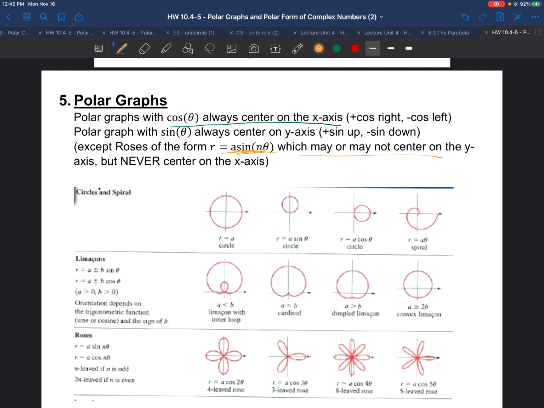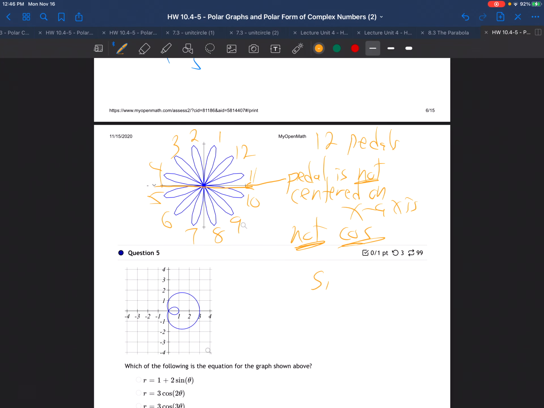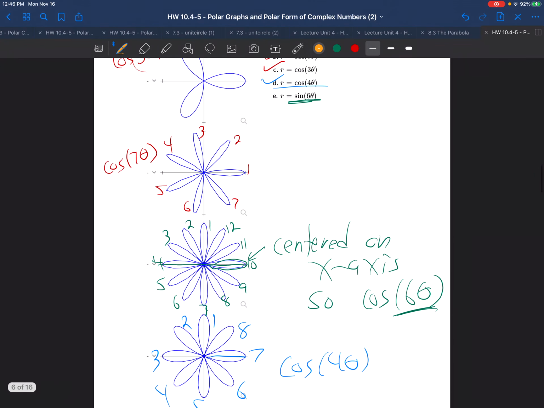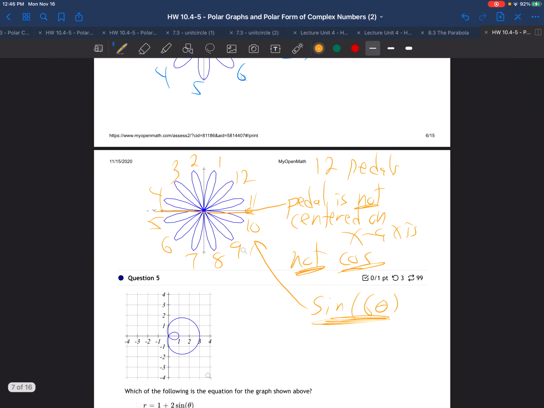Sine theta may or may not be centered on the y, but never centers on the x-axis. So this is sine. This is sine of 6 theta, which is our one other option, of course, anyway. We knew it for that reason too, but it may not always be the last one for you. So sine of 6 theta, because there's no petal centered on the x-axis.